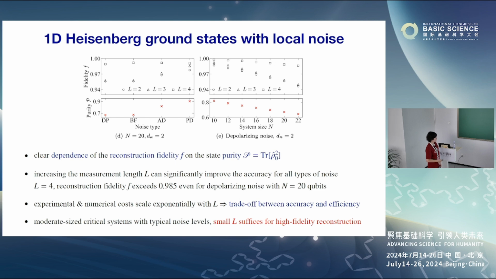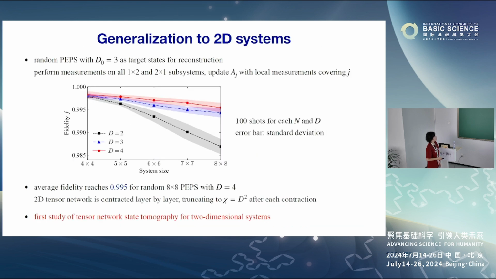Fortunately, for moderate size critical systems with typical noise levels, a very small L is sufficient to have a high fidelity reconstruction.